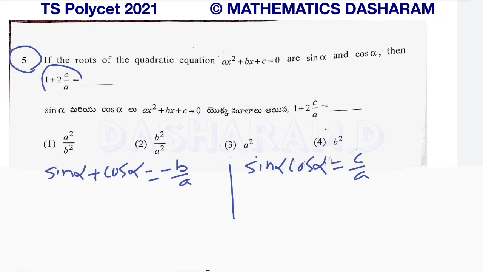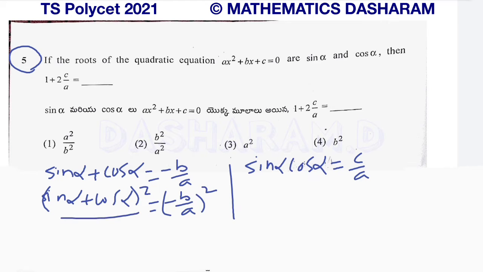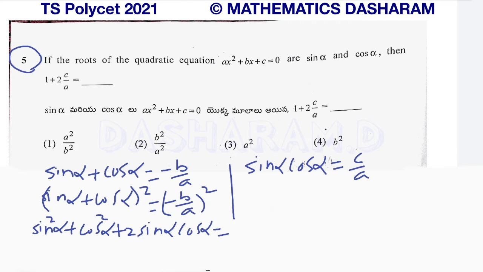To get this answer, just square both sides of this equation. Then what will happen? (Sin alpha plus cos alpha) whole square equals, here apply the (a plus b) whole square formula. So sin square alpha plus cos square alpha plus 2 into sin alpha into cos alpha equals b square divided by a square.